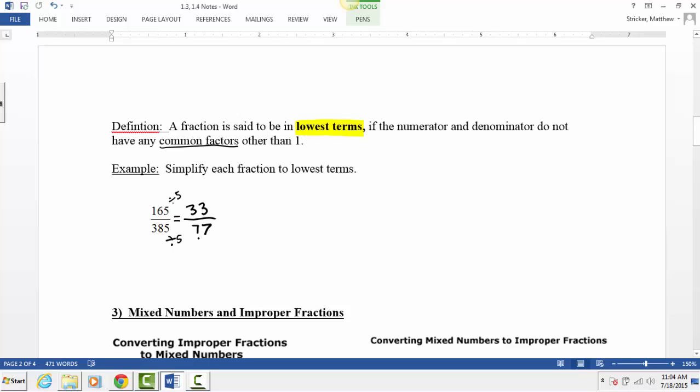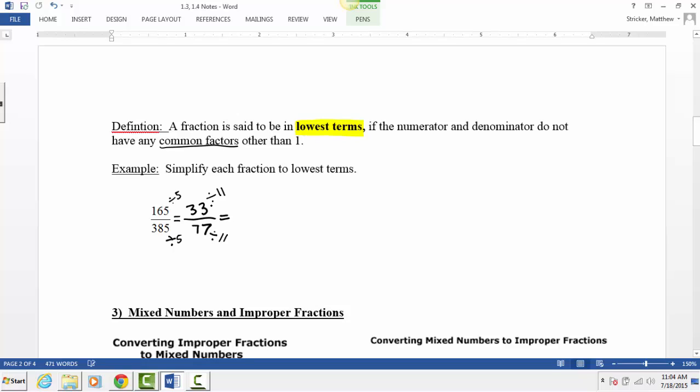That gives us a new fraction, and we need to again ask ourselves the question, is this fraction in its lowest terms? Are there any common factors? And the answer would be no, because 33 is divisible by 11, and 77 is divisible by 11.